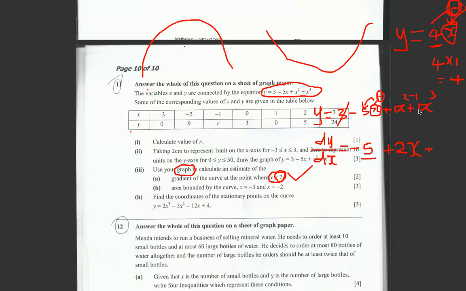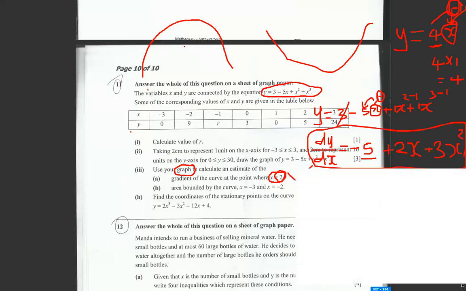When you multiply the power and the coefficient, we'll have 3x. To this 3, when we subtract a 1, we remain with a 2. So the dy dx here has ended. Meaning what we have obtained is our gradient function. What we have obtained is our derivative.